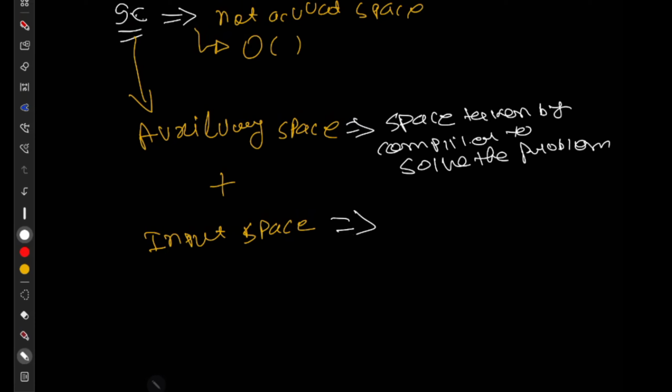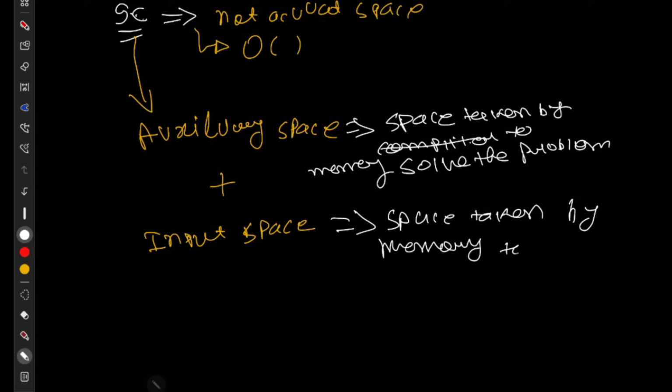And what is input space? Input space is the space taken by memory to store the code. Space complexity is basically the sum of auxiliary space and input space.